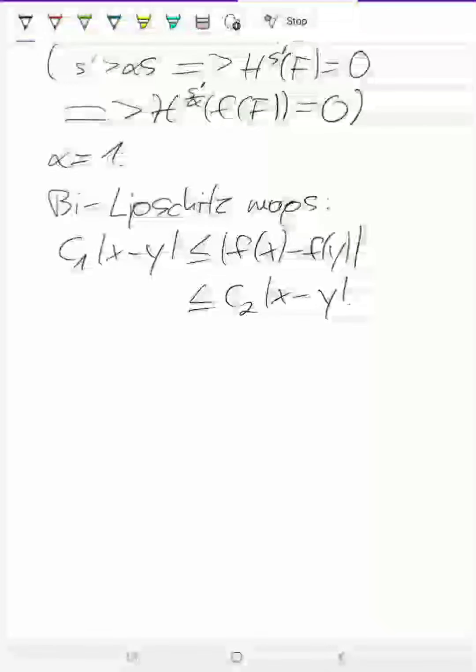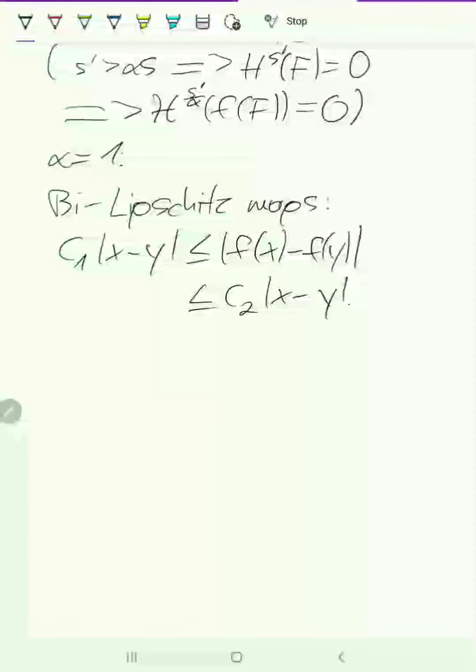So that's an important class to keep in mind for the Hausdorff dimension. And of course you can see immediately that bi-Lipschitz maps are injective, so we have that if f of x is equal to f of y, then we have here a 0, and then this also has to be 0.